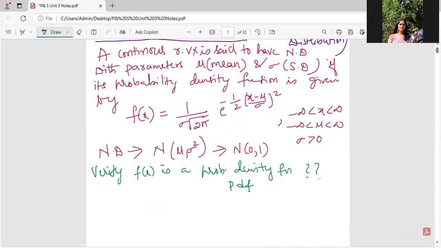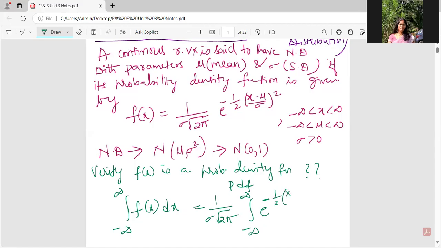How do I verify it? I take from minus infinity to plus infinity f of x dx. I will take and then accordingly I'll verify. 1 by sigma under root 2 pi integral minus infinity to plus infinity e power minus 1 by 2 x minus mu by sigma whole square dx. I'll take in the integrand and verify.